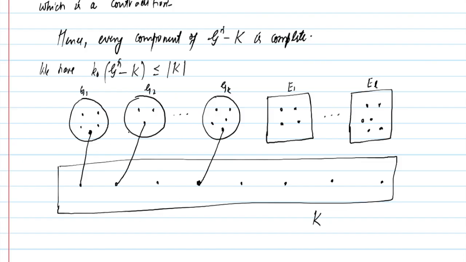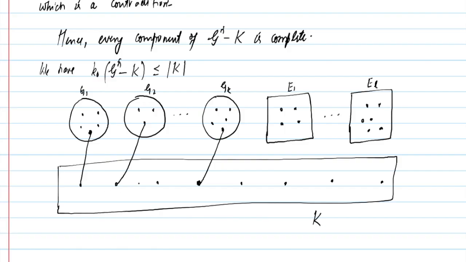At least one vertex of Gi must be adjacent to some vertex of K. This is made possible by the fact that the number of odd components is less than or equal to the number of vertices in K, so for every odd component there will be a different vertex in K adjacent to some vertex of Gi.